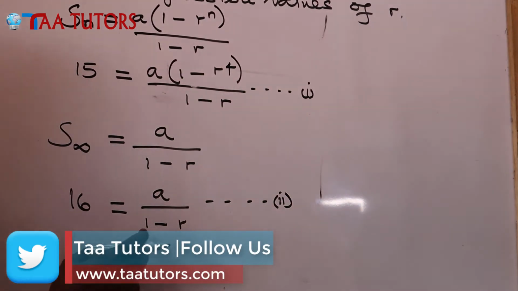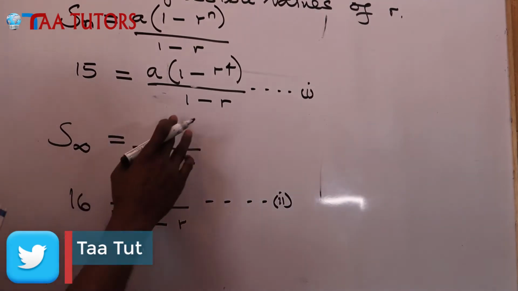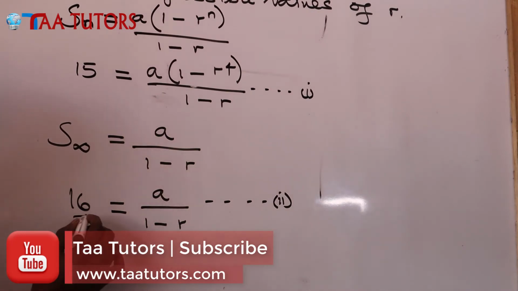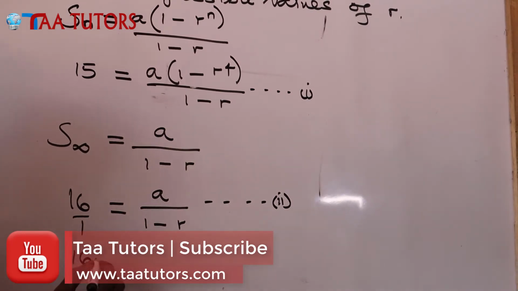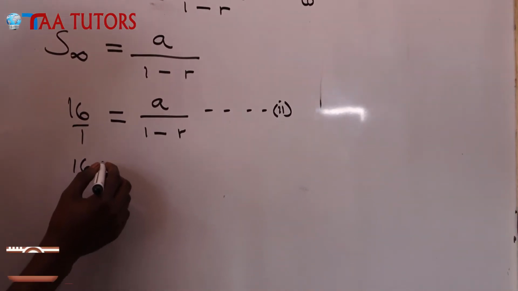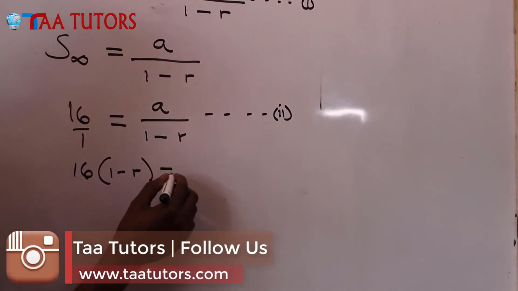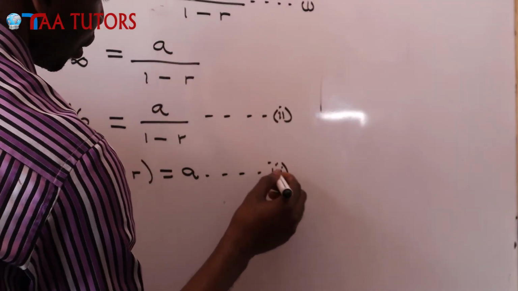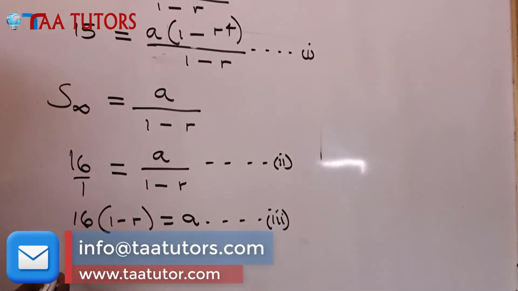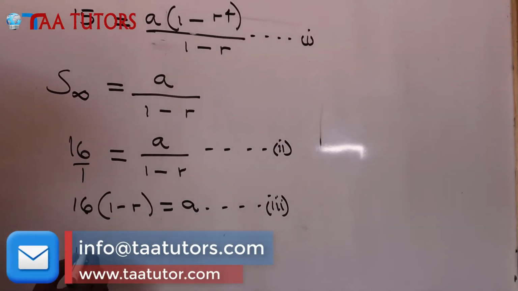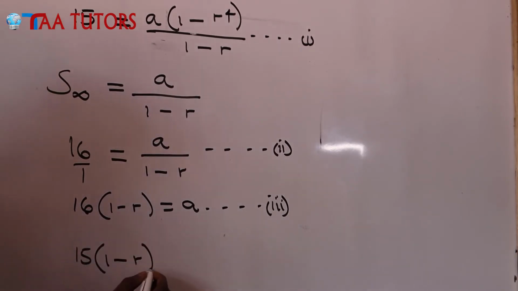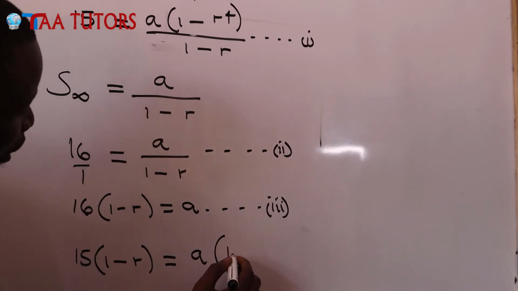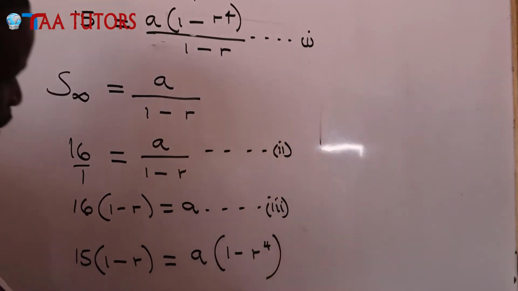If we cross multiply, we are going to get 16 into 1 minus r equals a. Let me say this is equation 3. But for the first equation we can also say 15 into 1 minus r equals a into 1 minus r power 4.